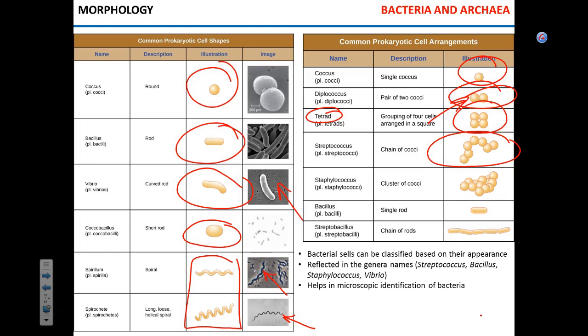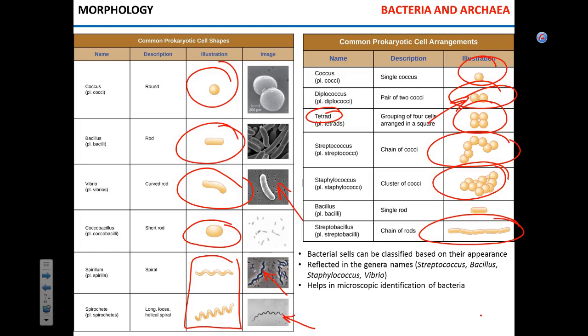Streptococcus, chains. By the way, the Greek word coccus means grape. So, Streptococcus, chains of grapes. Staphylococcus, clusters or bundles, the bundle of grapes. Finally, just like Streptococcus, Bacillus can form chains, and this is called Streptobacillus.